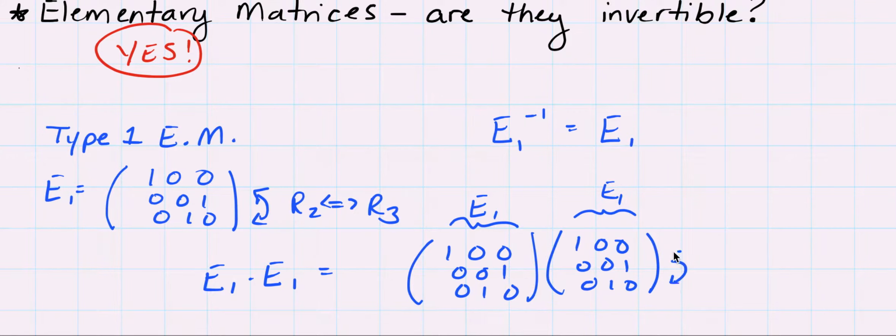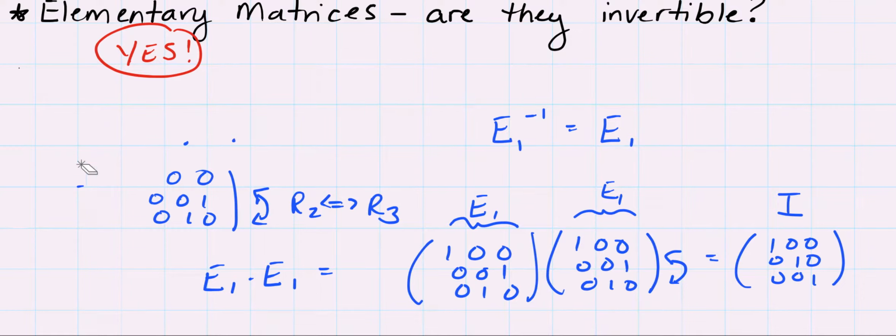So if we switch row 2 and row 3, we get the identity matrix again. And this is true for any type 1 elementary matrix. So what if I switch row 1 with row 3 and I call that E sub 1? Its inverse is the same matrix, the matrix with row 1 and row 3 switched.